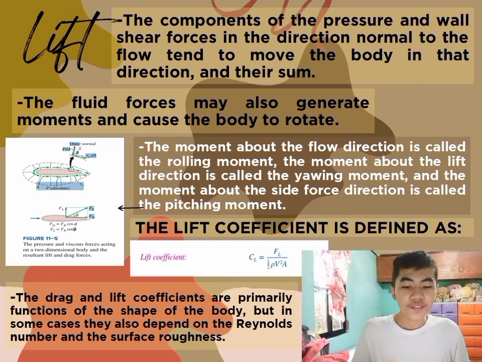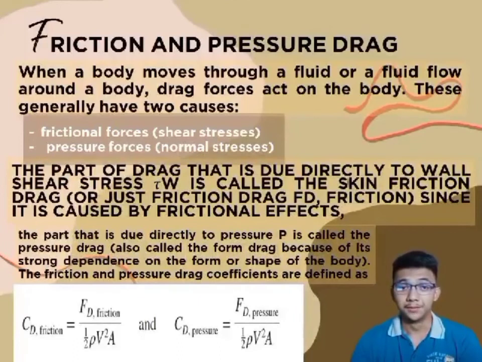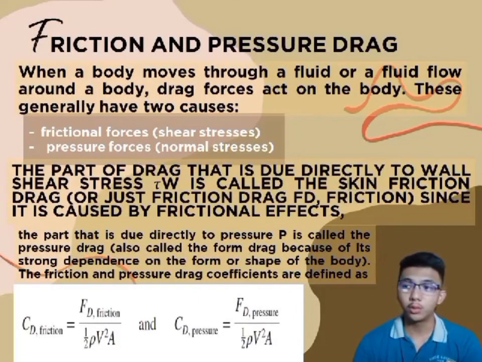The drag and lift coefficients are primarily functions of the shape of the body, but in some cases, they also depend on the Reynolds number and the surface roughness. Friction and pressure drag. When a body moves through a fluid or a fluid flows past a body, drag forces act on the body.